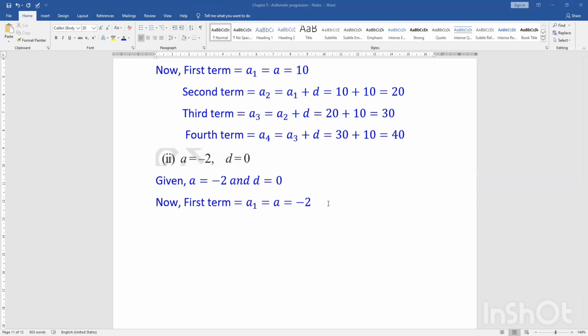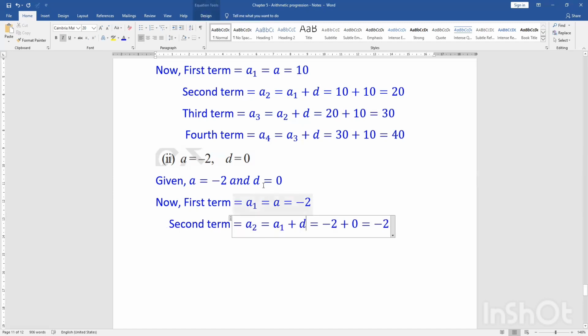And now the second term, as I said, is nothing but A2, which is the first term plus common difference, that is -2 plus 0, which will give you -2, right?